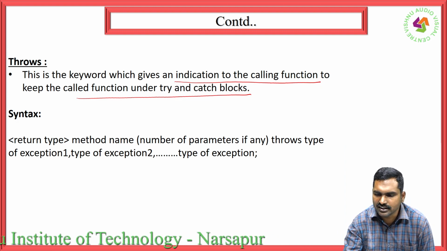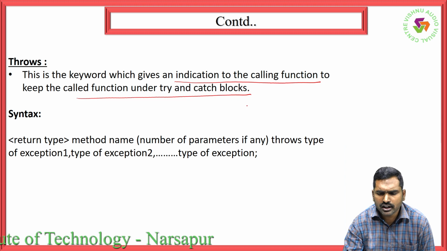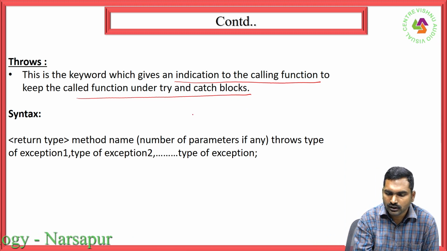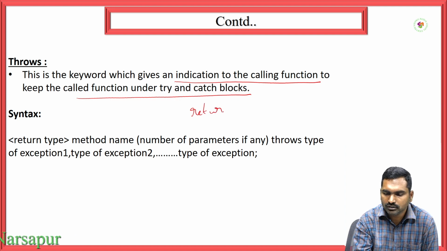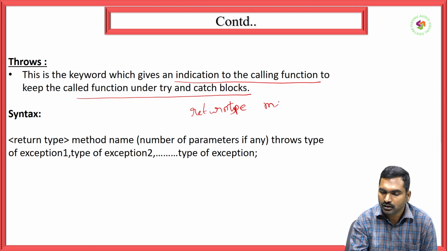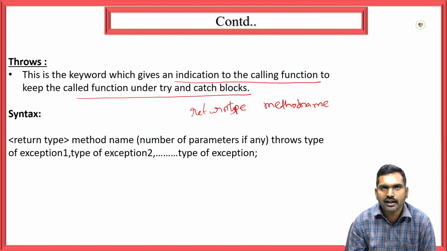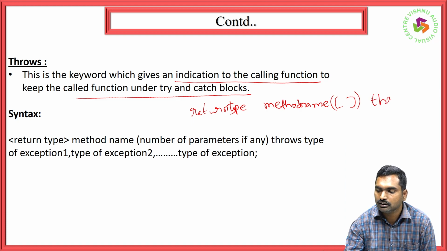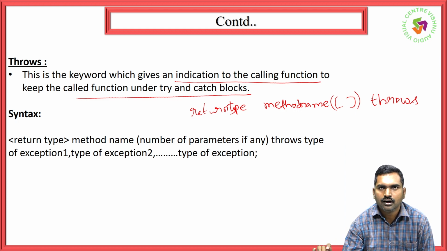Why? Because the called function may raise an error. The syntax is, as you already know how to write a function: return type, method or function name, and optional arguments, followed by the throws keyword and the type of exception.